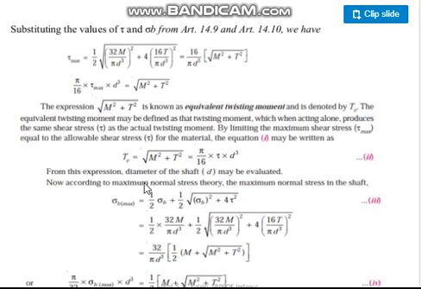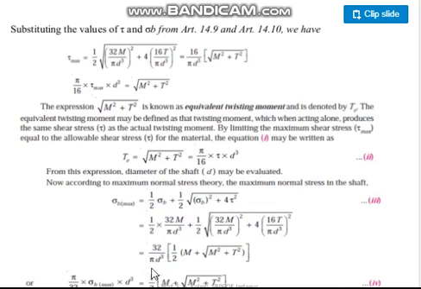Similarly, this was for tau maximum, and now for sigma b maximum. From principal stresses, we know that sigma b maximum is equal to half of sigma plus square root of sigma square plus 4 tau square. Here you take the value for sigma b and here also tau, replace these and simplify, and you will get an equation like this.